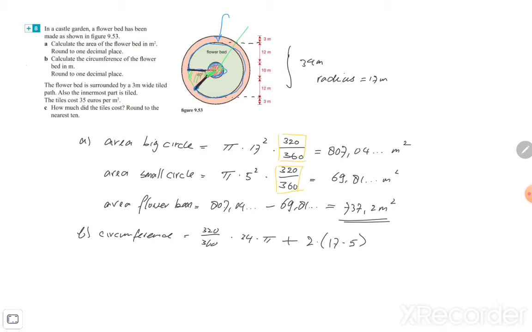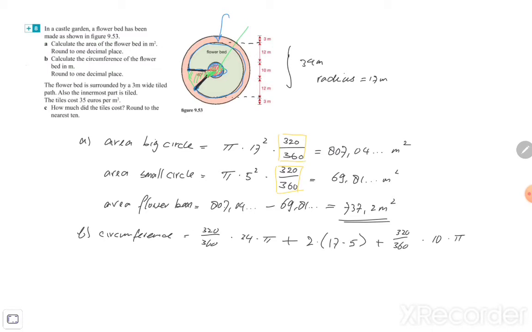So we already have that part, and then of course plus the circumference of the small circle. So that's again the 320 over 360 part, multiplying with 10, because the diameter is 10, multiplying with pi.